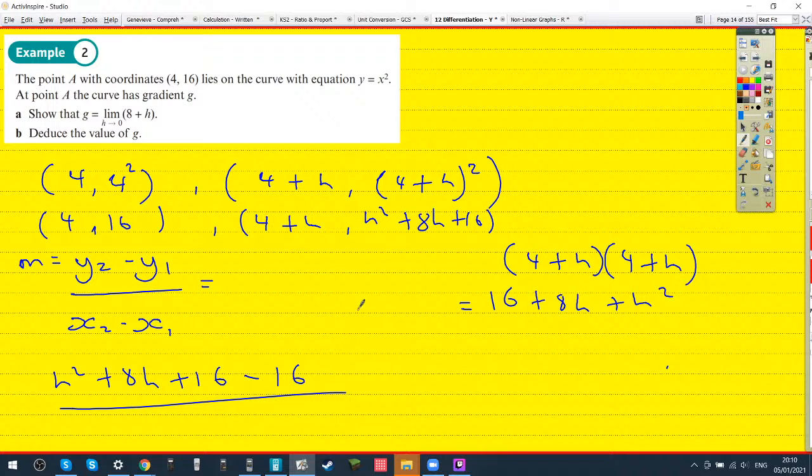How come you don't use 4 plus h at the start of that? That's x. And then for x2, it's 4 plus h. Take away 4, and then 4 squared. X1 is 4.